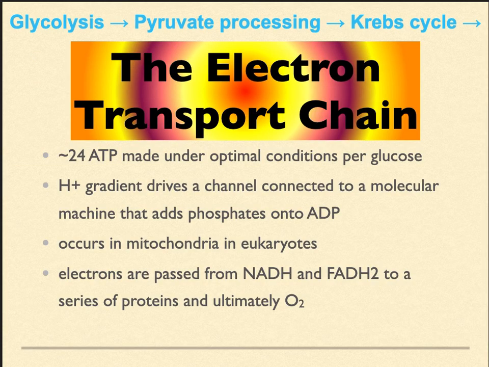Well, the rest of the ATP are made in the electron transport chain. I know this says 24 ATP. There are lots of different calculations that you could do as a chemist to calculate how many ATP exactly are going to be produced, and it all depends on the exact concentration of all the molecules in the cell, and it's kind of hard to predict that. So we could say anywhere from 20 to 30.